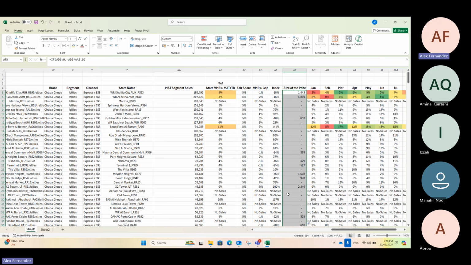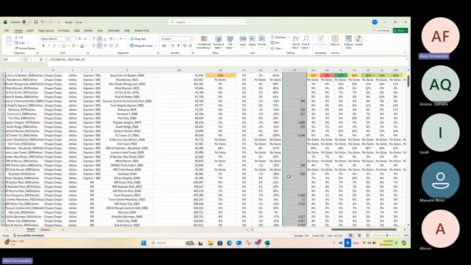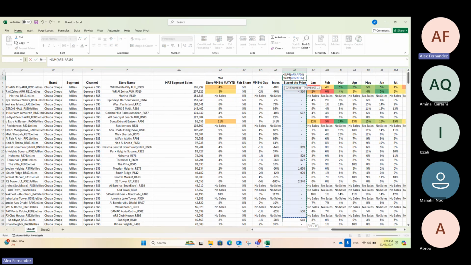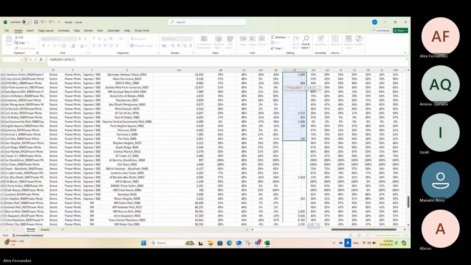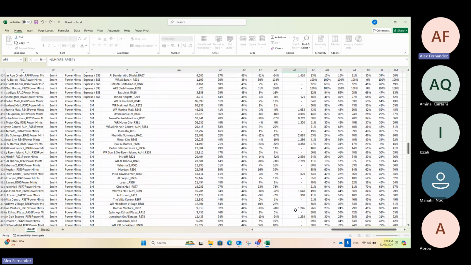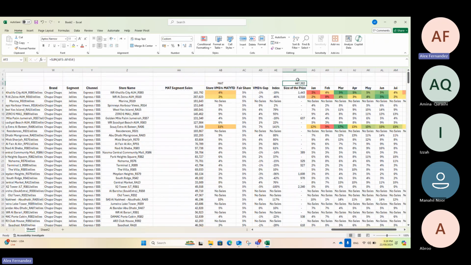So now what did we do? Okay, let me tell you. Here, for example, we have around 447, which is, if they fix the under index, they are looking at a gain of around 447,000 dirhams.